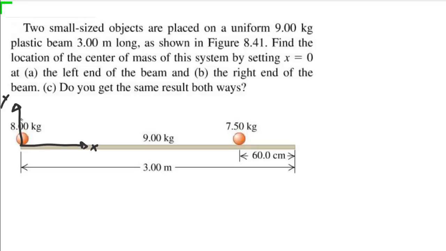So this ball here, this 8 kilograms, is considered to be a point mass, and so its center is right at its center there. The same thing with the 7.5 kilograms, and this 9 kilogram bar.